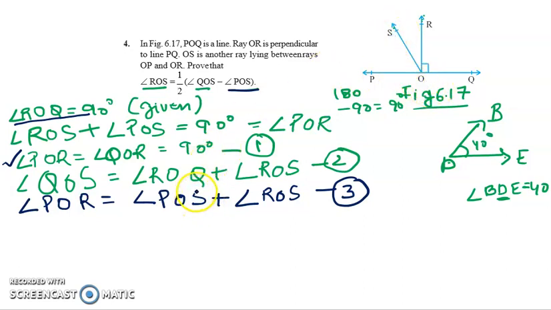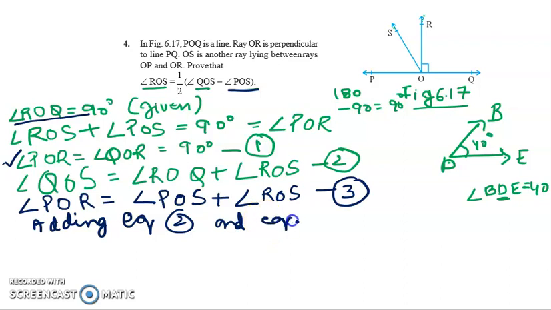We are getting angle POS here, so that is why we are taking this. Now if I add 2 and 3, adding equation 2 and equation 3.